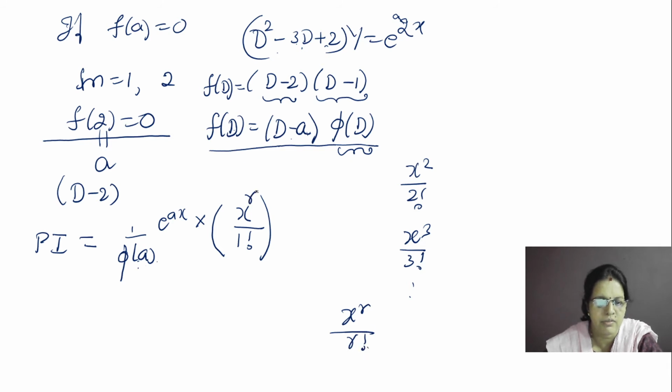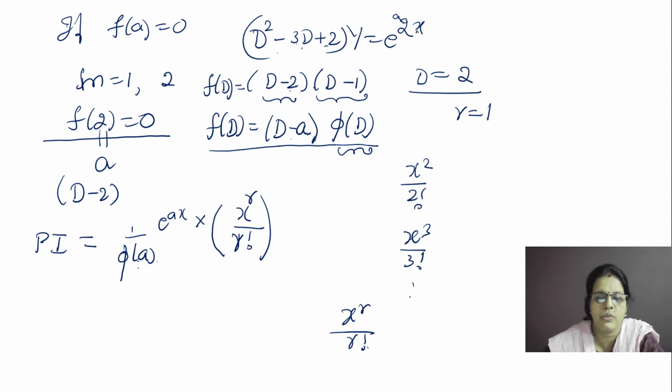So that is why we have to take r, I will tell you. r means the number of times this root repeats. So here d equal to 2 is a root of the equation. How many times? Only one time. So it is r equal to 1. If it is a root only once, we take r equal to 1.